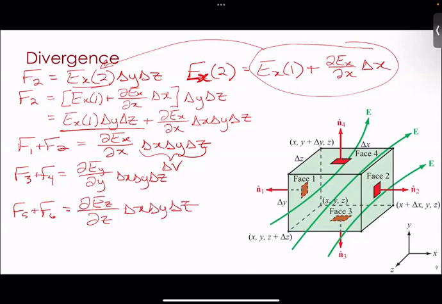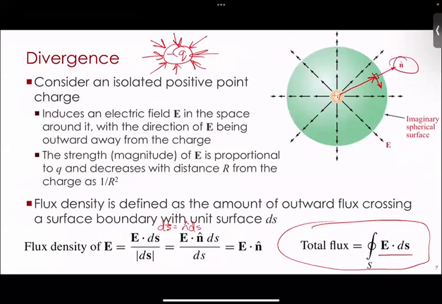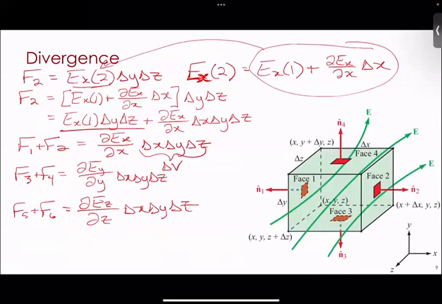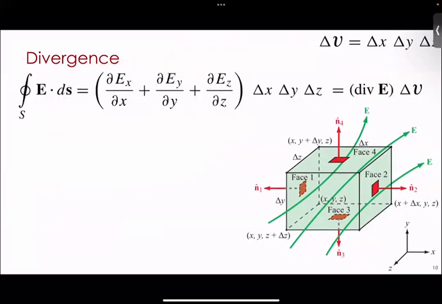Now, to get the total flux, it has to be over a closed surface, so it has to be F1 plus F2 plus F3 plus F4 plus F5 plus F6, because there are 6 surfaces of the cube that make it a closed surface. We add all of these together. Note that they all have delta x delta y delta z in them, so that can be factored out, and you're left with the partial derivative of Ex with respect to x, plus the partial derivative of Ey with respect to y, plus the partial derivative of Ez with respect to z. This is what we are going to call divergence, and this is delta V.